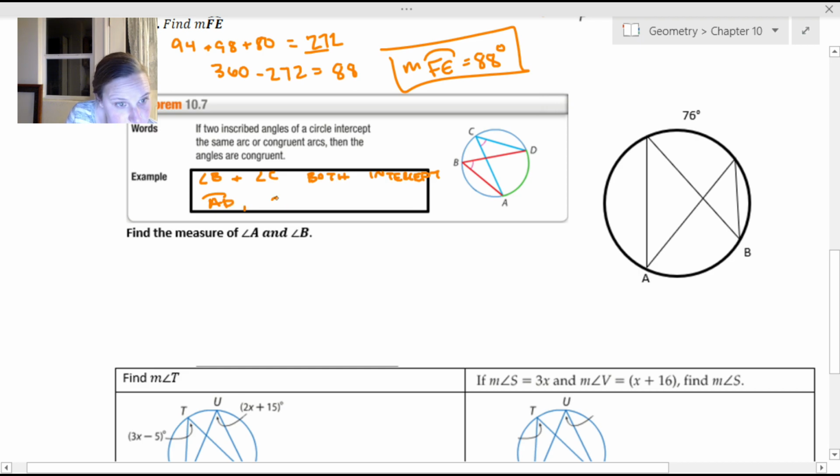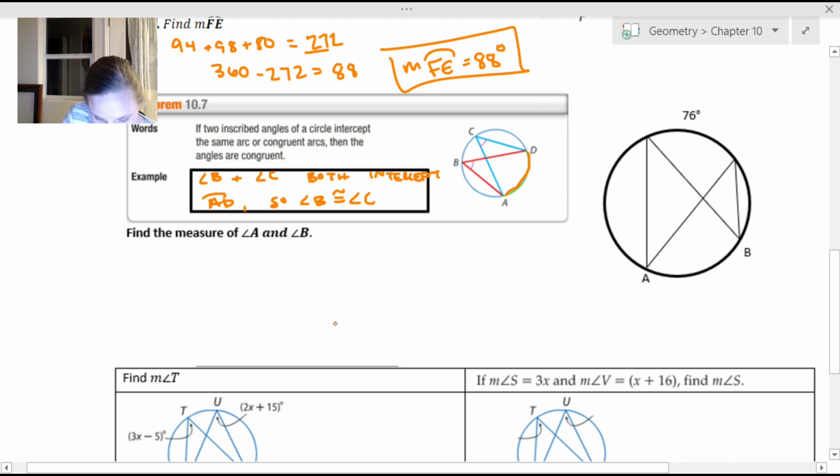So angle B is going to be congruent to angle C. Since they're both intercepting the same arc, they've got the red angle and the blue angle, and they're both intercepting this arc right here, those two angles are going to be congruent.